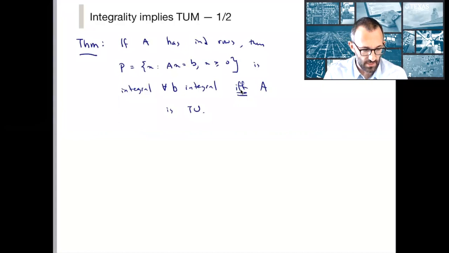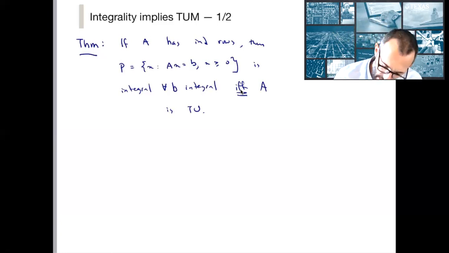But what's interesting is that the converse also holds. So in other words, if for any b I put in here that's integral, this results in a polytope that has only integral vertices. The only way that can happen is if A is in fact totally unimodular.